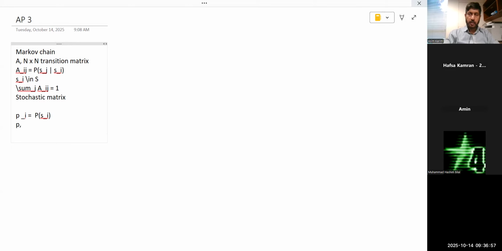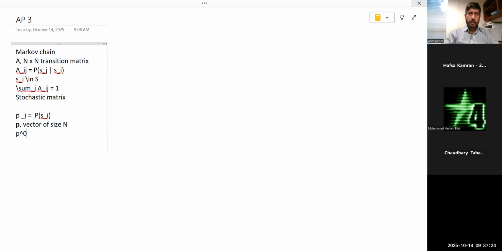So the vector p of size n will contain all those probabilities. And these probabilities can be the initial probability, which we can say has iteration index 0.